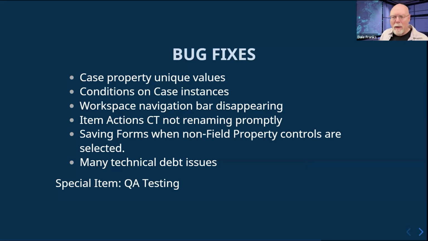6.1.x had some problem with cases and case properties, two major issues. Case properties were not enforcing unique values, and this was not a problem if you only used a unique value.